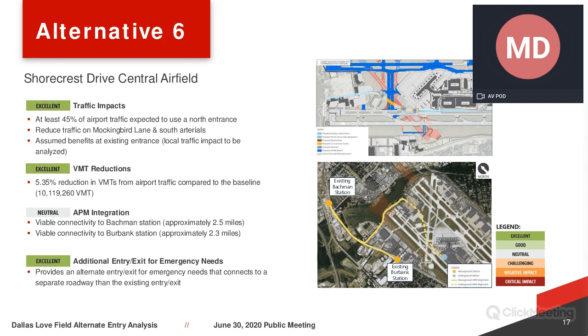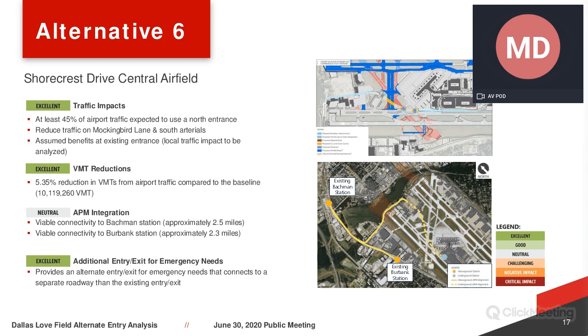We do know that about 45% of all of the airport traffic comes from the north. So our customer base is pretty evenly distributed from the north and south, which is really what drives that vehicle mile travel reduction. That 45% of our customers essentially are having to circumnavigate the entire airport to get to the entrance. So this would be a pathway for them to reduce that total travel time and total miles traveled.